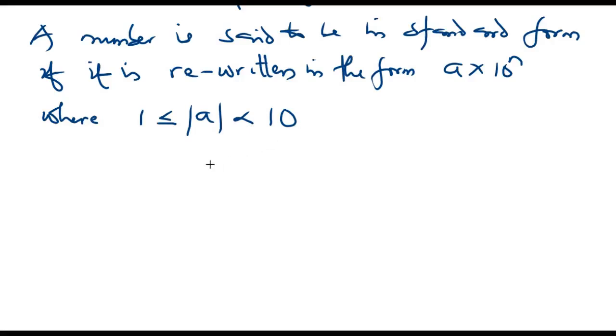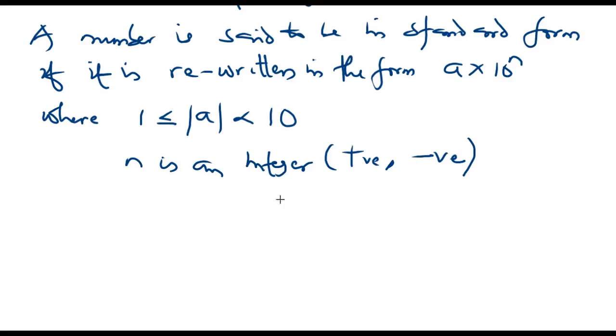So a cannot be equal to 10, so a can be a number between 1 and 9. And another thing is that n, the power of 10, is an integer which can be positive or negative. If it is 0, then 10 to the power of 0 will become 1. Are we together? So this is how to represent standard form.